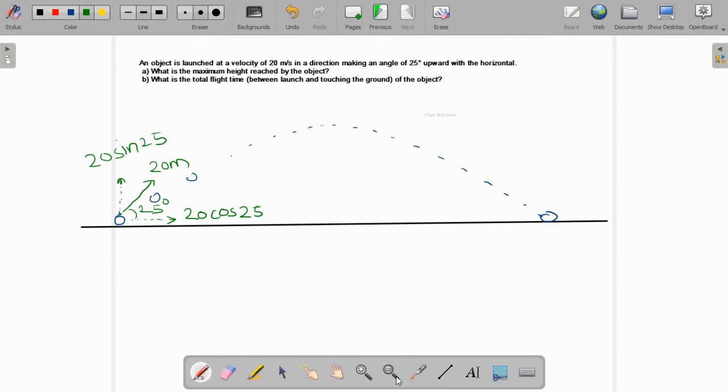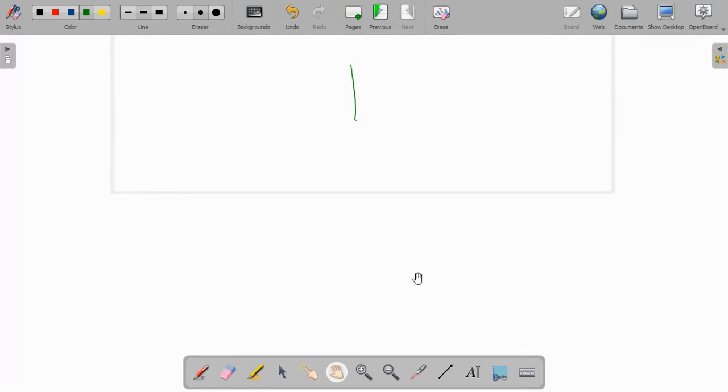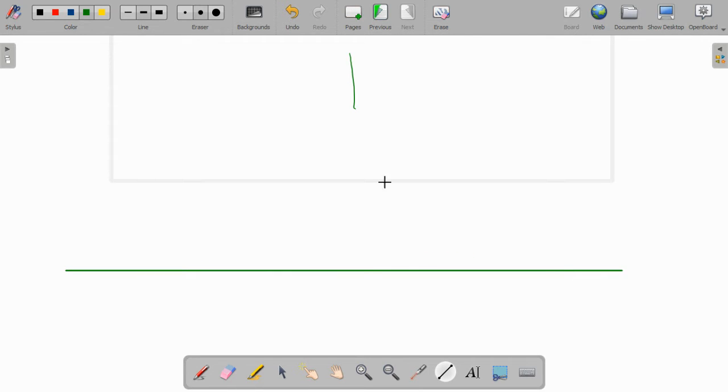If I have to represent this phenomenon on the board, it would look somewhat like this. This is the projectile, and the vertical part will go on reducing, ultimately becoming zero at the top, and then again increasing in the reverse direction as the object descends.